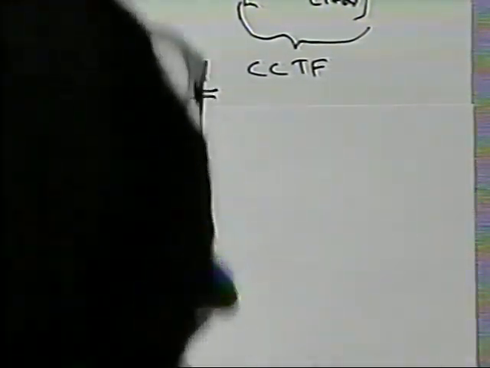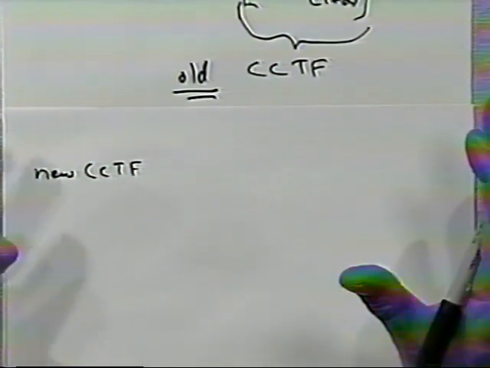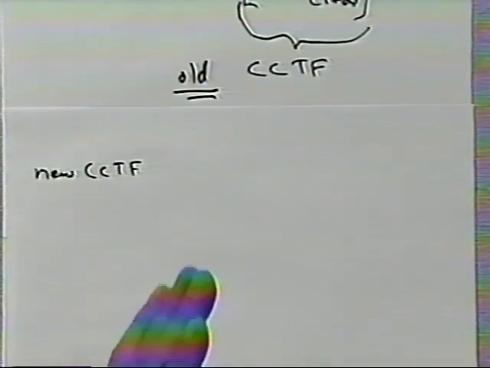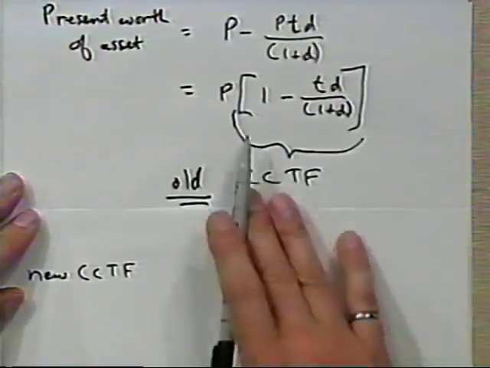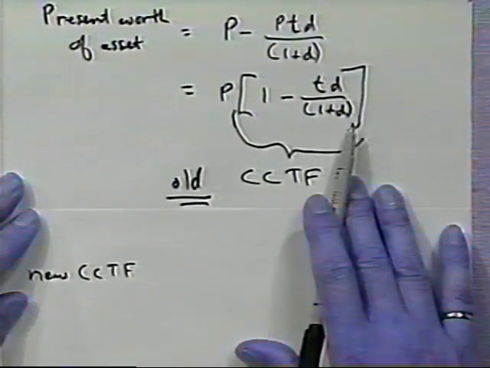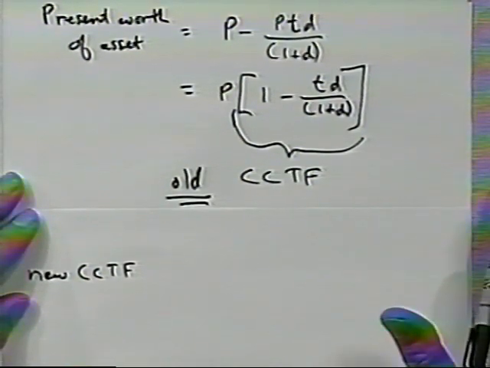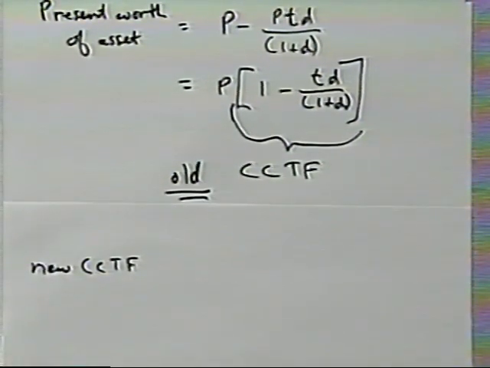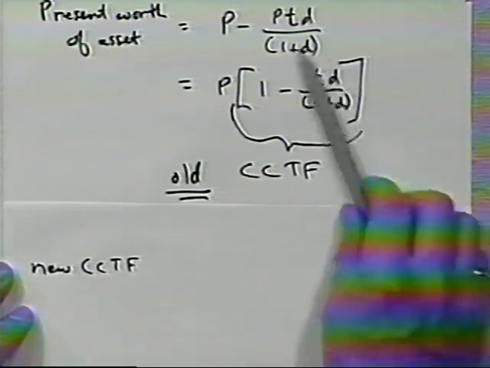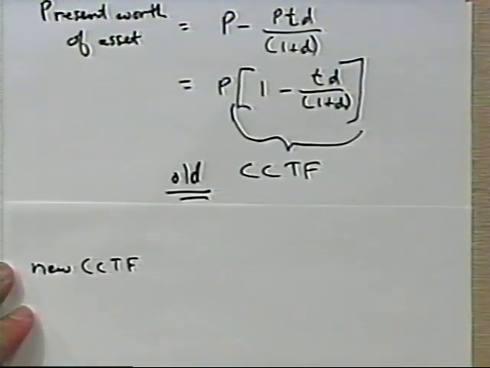And what we do is we recognize that half the value of the asset is depreciated now. The other half only starts depreciating a year from now. So if we take the old CCTF and for half of it start depreciating it a year from now, if we bring that other half to present worth, it's simply taking that whole series of future payments back in time 1 year. So we essentially need to simply multiply half of this CCTF by the present worth factor for 1 year.